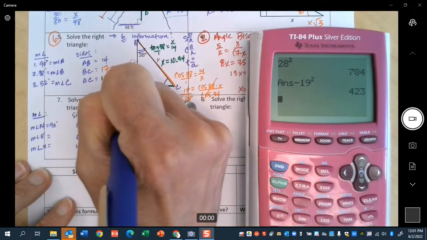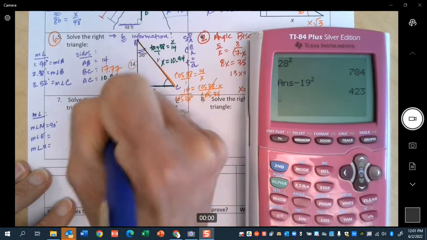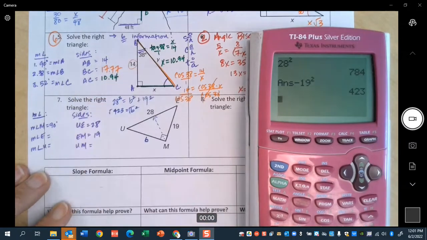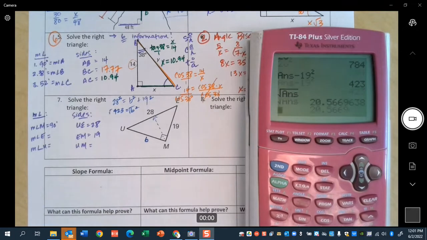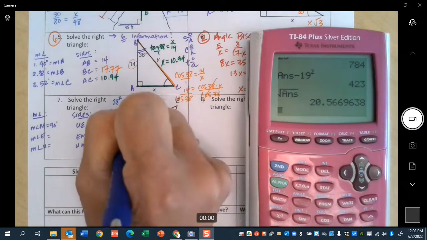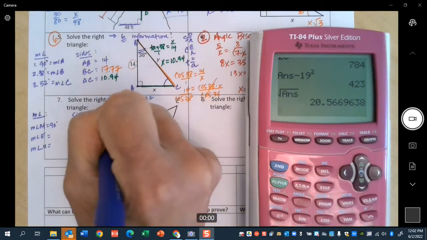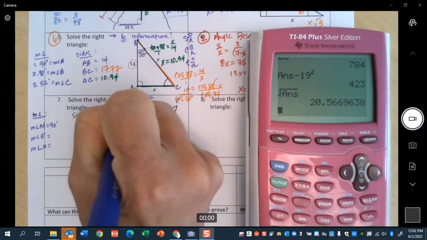So 423 is equal to b squared, square root, second radical, second answer. Doesn't come out evenly. So now I got to look at whether or not 423 can be simplified as a radical. So b is equal to the square root of 423.